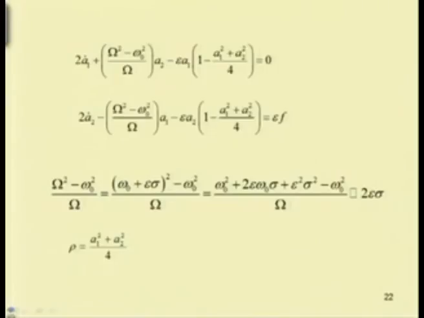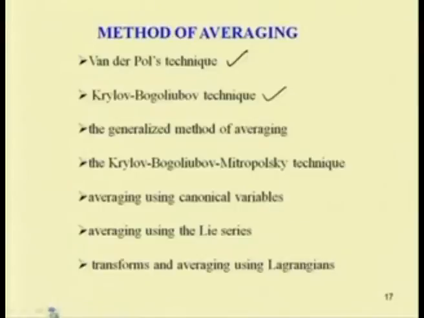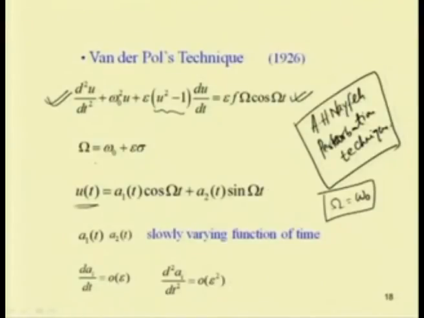In this case, one can note that we are finding the solution near ω = ω₀, that means the external frequency is nearly equal to the natural frequency of the system, ω₀, and in this case we know the solution to be periodic.